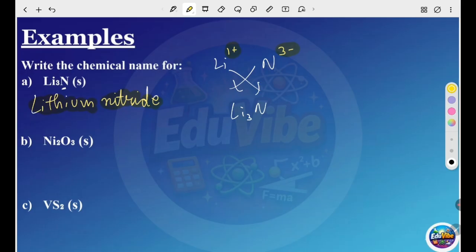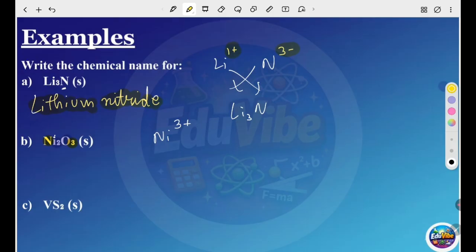Okay, for the next one we have nickel 2 and oxygen 3. Again we have to start with the cation. Nickel has 3 positive, because this 3 is for nickel and that 2 is for oxygen.